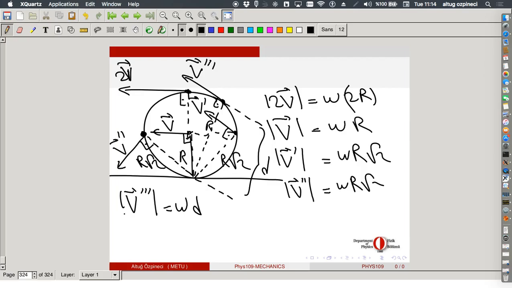That axis is called the instantaneous axis of rotation.